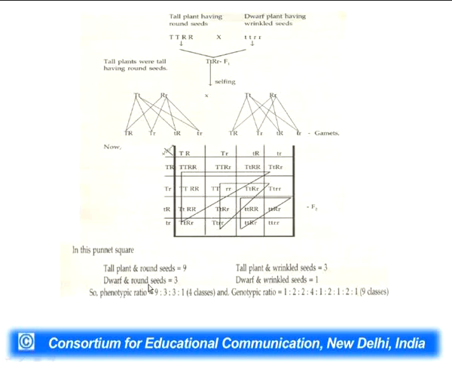That means the 2 characters have now assorted independently. The next smaller one is tall plant and wrinkled seeds, 3, and just 1 parental, the homozygous dwarf and wrinkled. So, that would be 1. This would be the ratio as far as the phenotype is concerned.